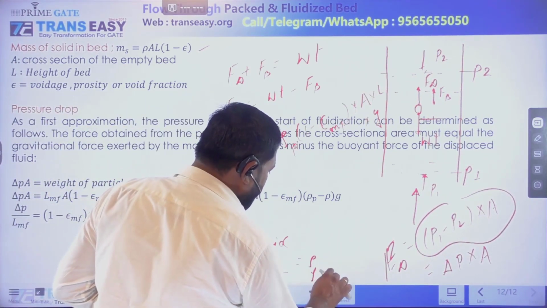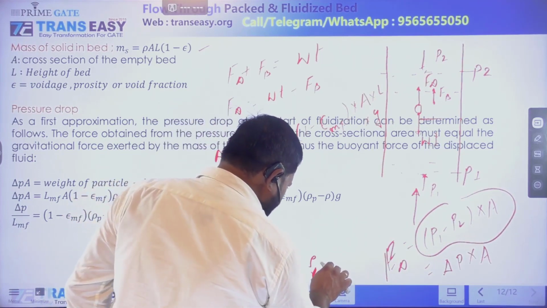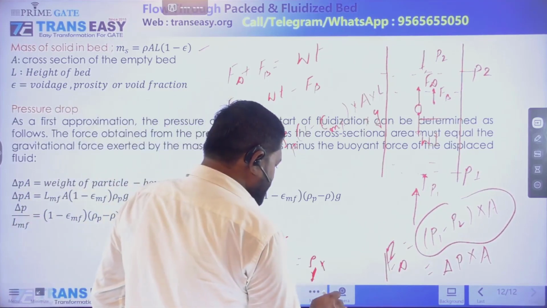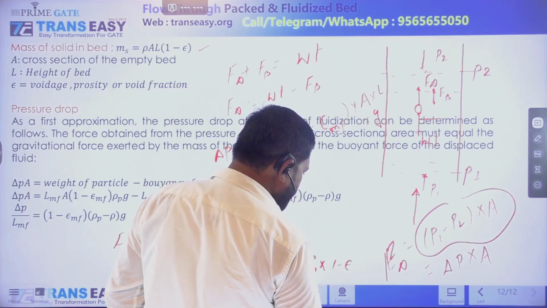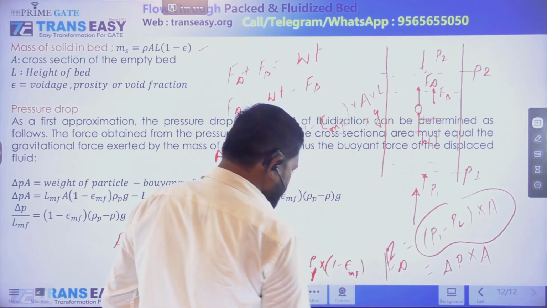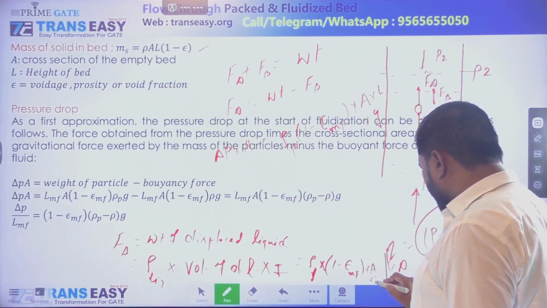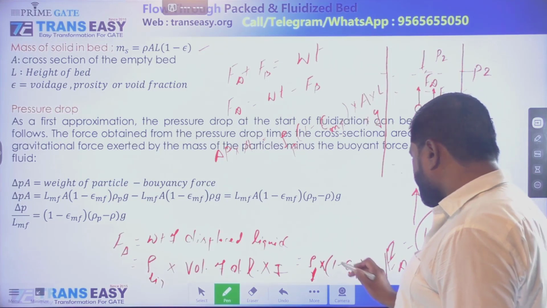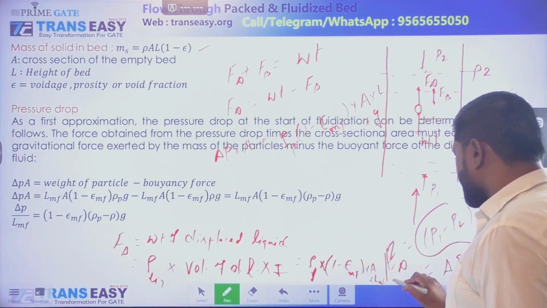So density of fluid or liquid into volume of solid particles. Volume of solid particles is 1 minus epsilon under minimum fluidizing condition, into cross sectional area, into height of bed under minimum fluidizing condition. This is the volume of solid particles, and the same volume of fluid will be displaced, into g.